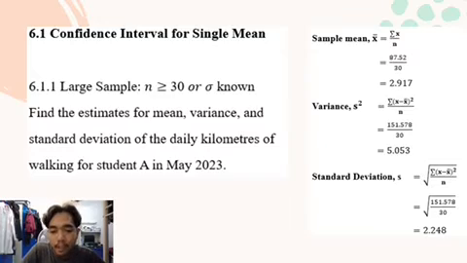For the standard deviation, we can see the formula at the right, which is the square root of total x minus x bar to the power of 2 over n. So we must square root the variance value and we get 2.248 for the standard deviation.